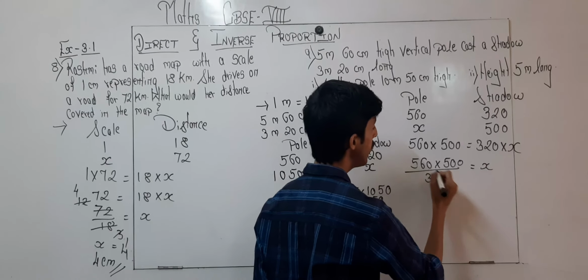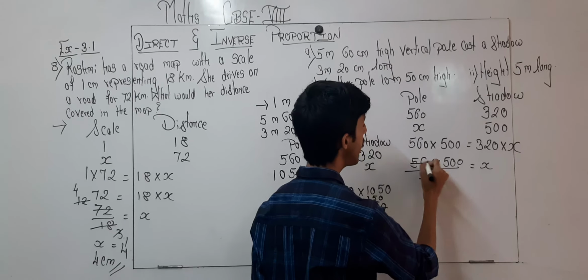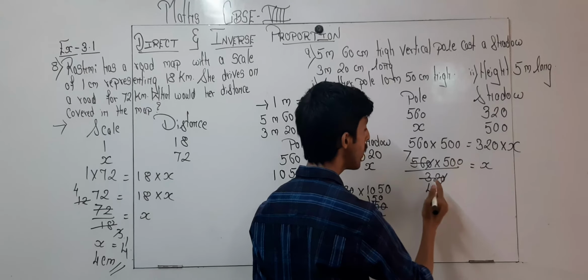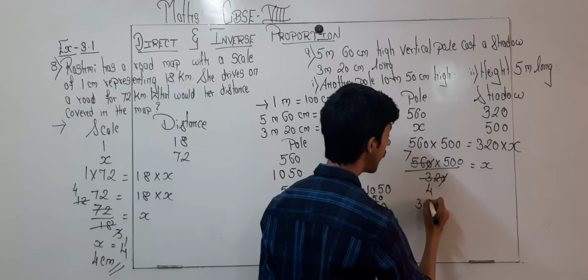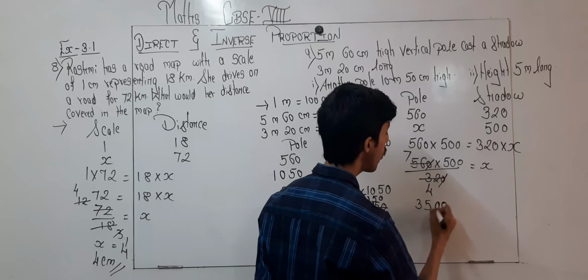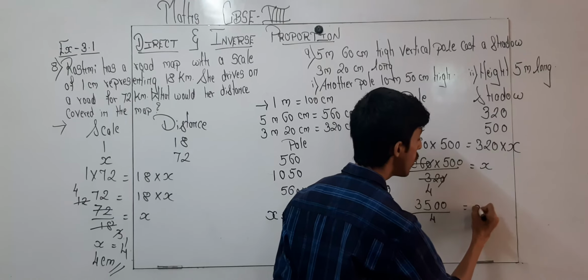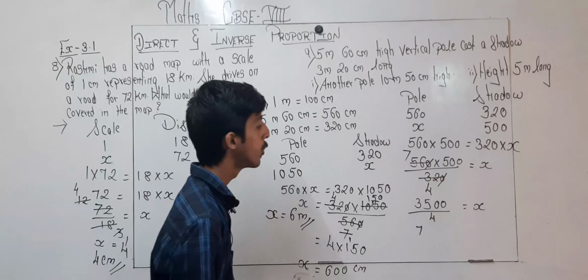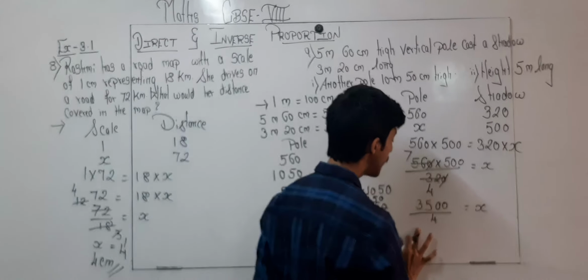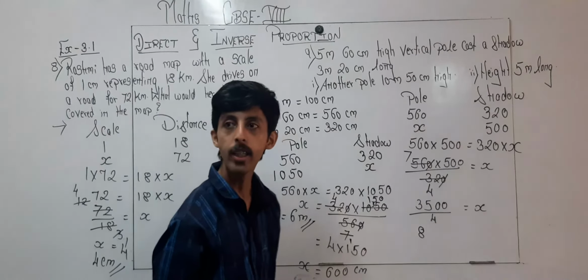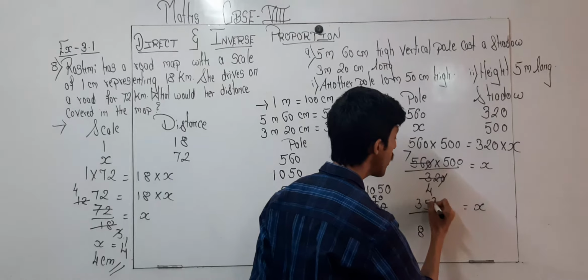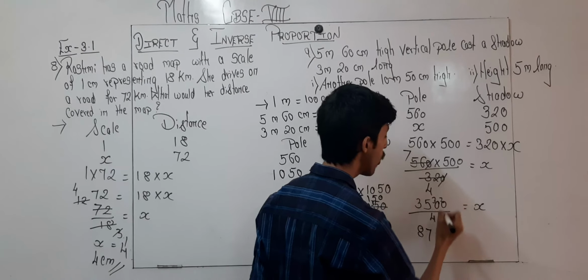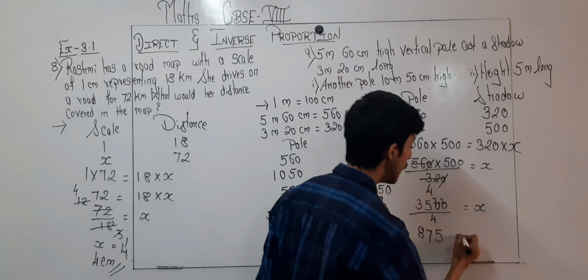Now the same concept, cancel the zeros, 8 4s are 32, 8 7s are 56. Now 7 into 5 gives me 35, and over here 20 upon 4 is equal to x. 4 7s are 28, 4 8s are 32, 3 is the remainder, 4 7s are 28, 2 is the remainder, 4 5s are 20.